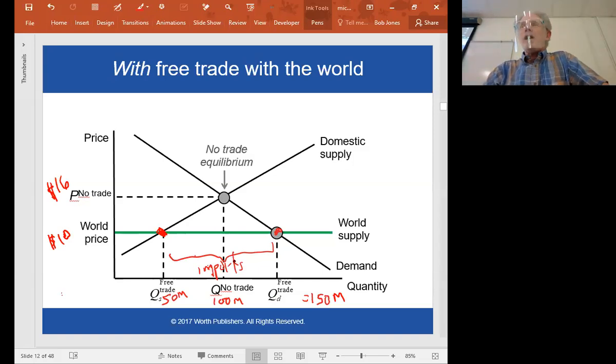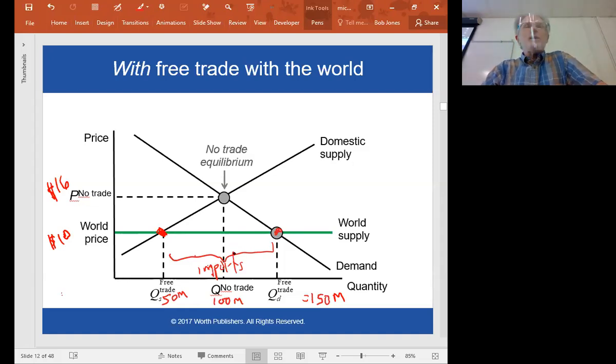It's not bad to import things. If you think back to chapter 2, back in macro, we talked about comparative advantage. We want countries to specialize in those things for which they have a comparative advantage, those things that they're more efficient at producing.